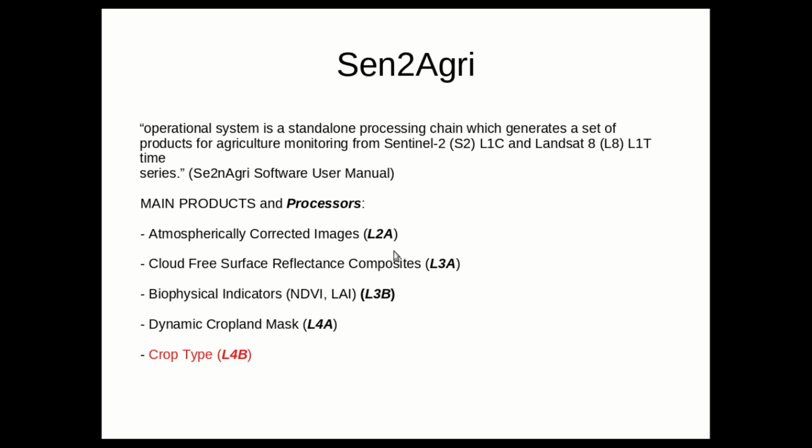So as we go along from L2A to L4B, it means that most of the processing have been done. So in short, L2A serves as the product or input for us to produce the higher level products such as L3A, L3B, L4B, and L4A.